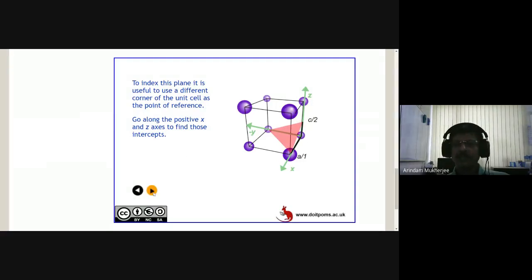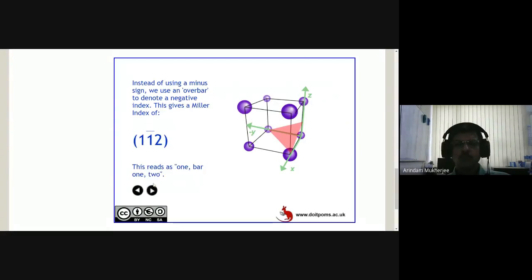So I have 1, -1 and half. Now reciprocal, so then I will get 1, -1, 2. When I have -1, in Miller indices you write that as 1 bar.